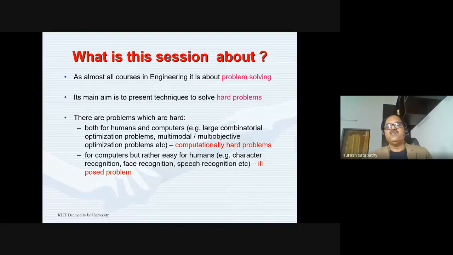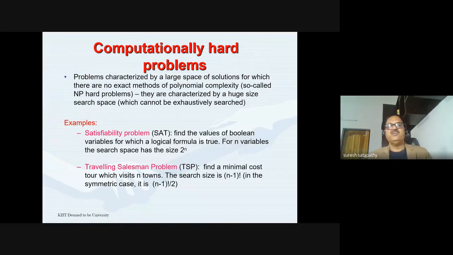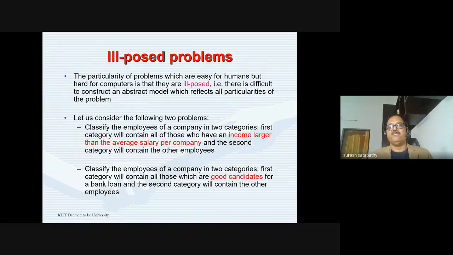Because if it is a computationally hard problem, fine, we have some kind of methods, we can solve it by both human being and computer. Yes, it takes some more time, doesn't matter. But what about the ill posed problem? Finding out this salary is a simple hard problem.